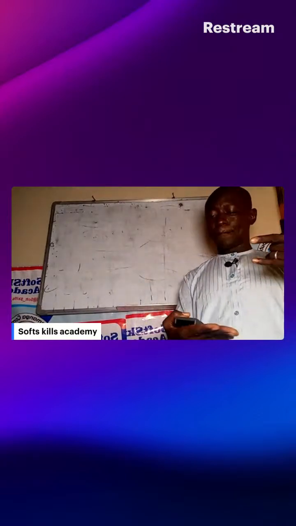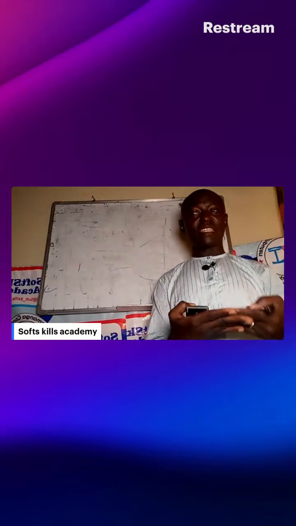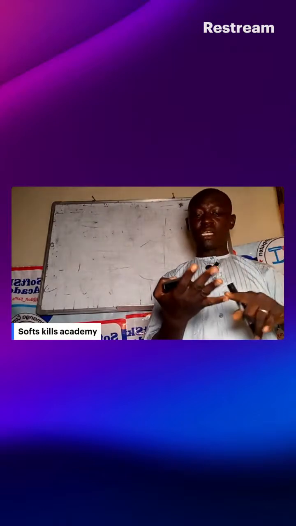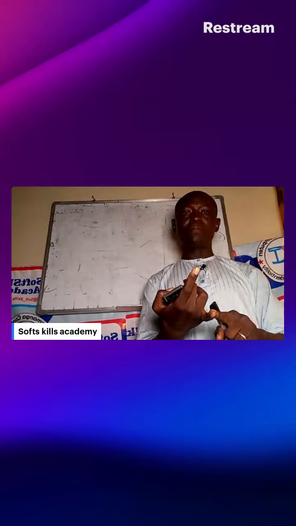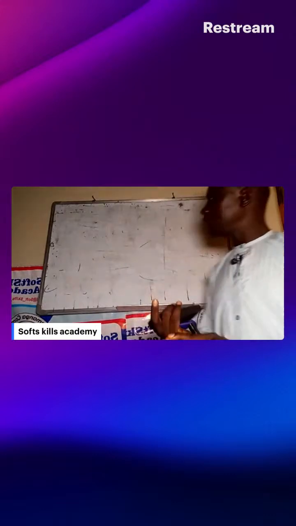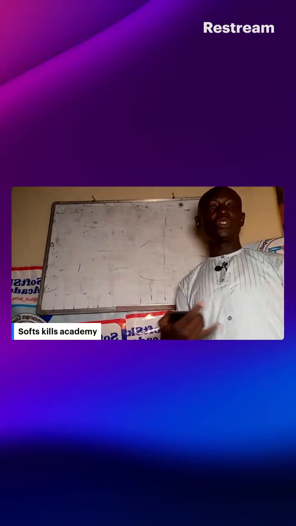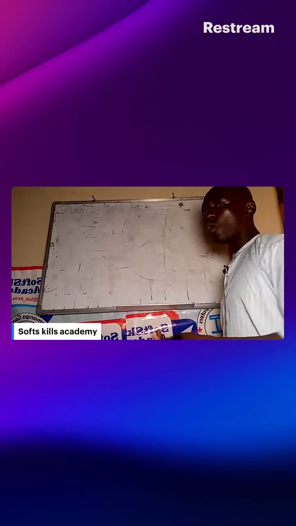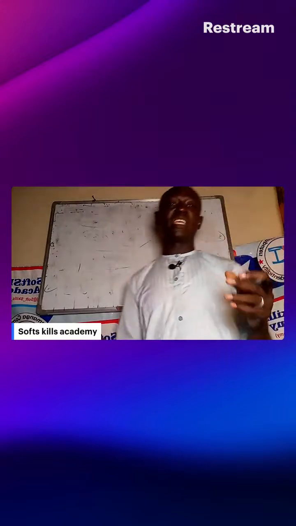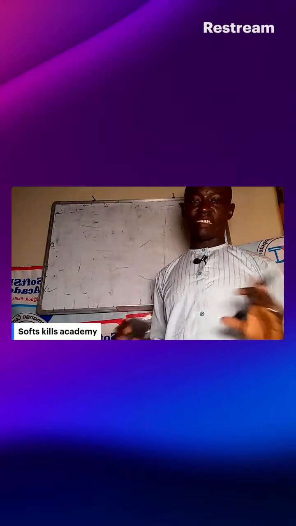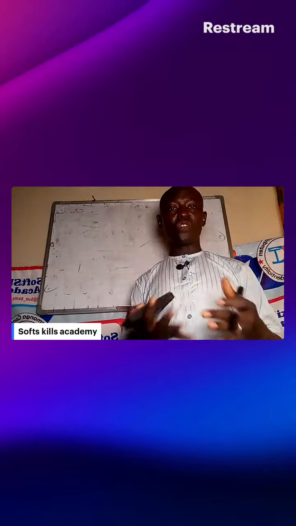So the types of cardinality ratio we have here: one-to-one relationship. Let's say student and his course. A student can only take one BSc course at a time. So this is going to be a one-to-one relationship.